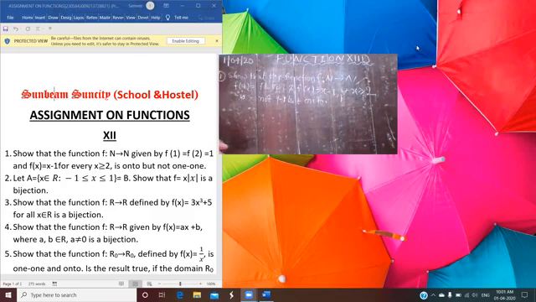And no doubt, if the function is both one-one and onto, it is said to be a bijective function.